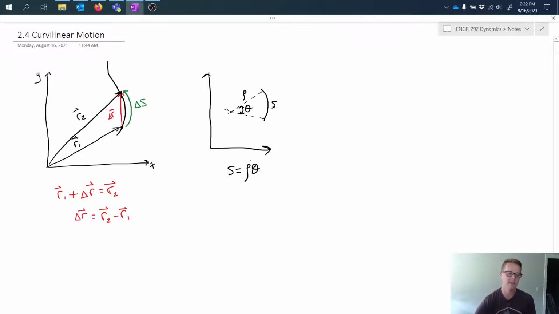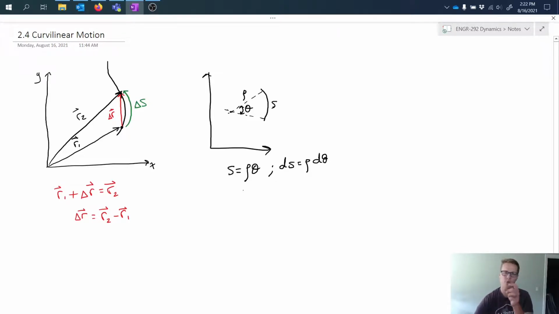And that's nice, that's useful, it's a simple equation. I could also zoom in on this and say that a small differential unit of s is equal to rho, which is just a constant, times a small differential unit of theta.